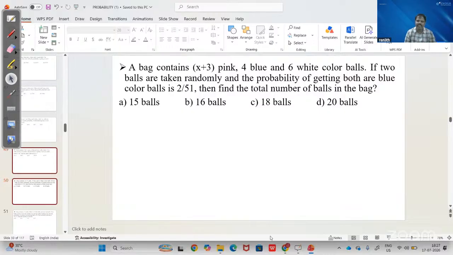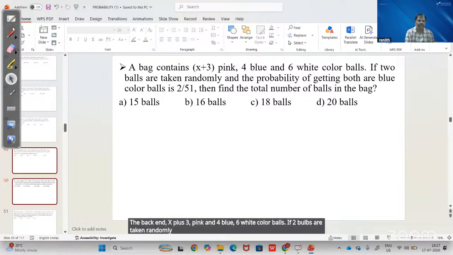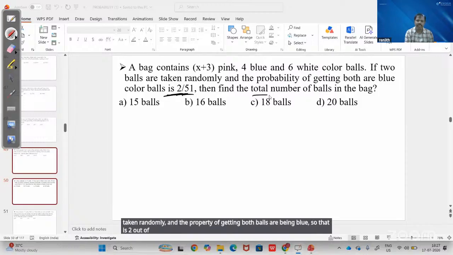A bag contains X plus 3 pink, 4 blue, and 6 white color balls. If two balls are taken randomly and the probability of both balls being blue is 2 out of 51, find the total number of balls in the bag.